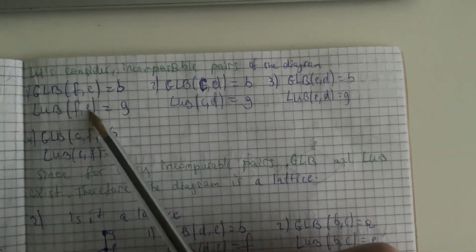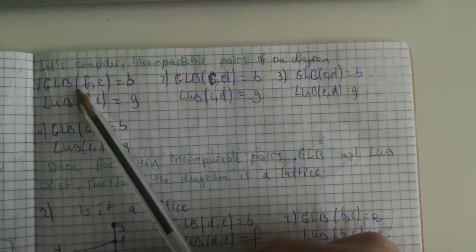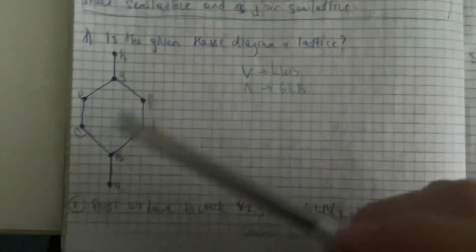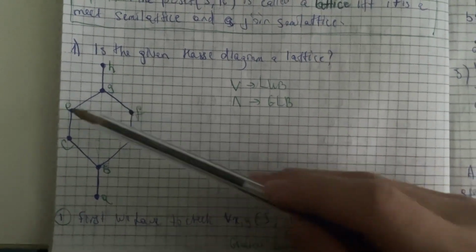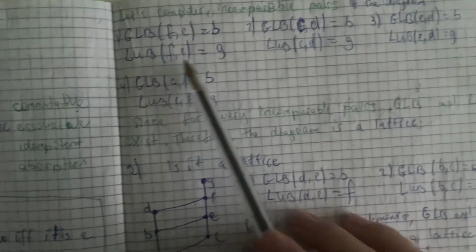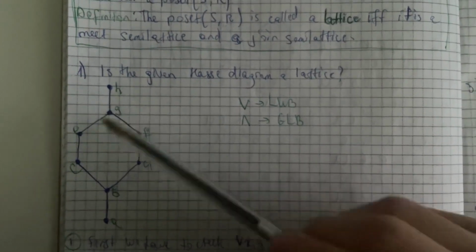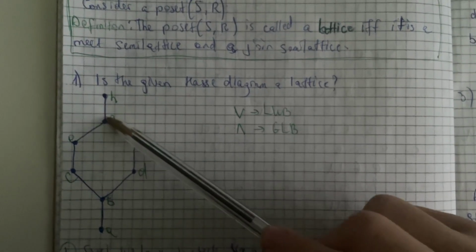First, F and E: there exists a greatest lower bound, which we have already said is B, and their lowest upper bound is G, where they match in the upper part.